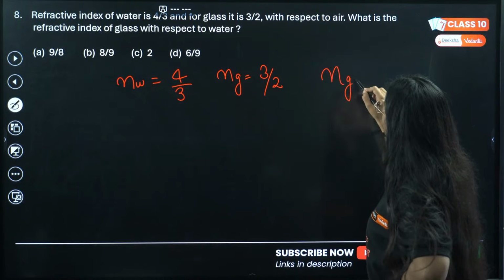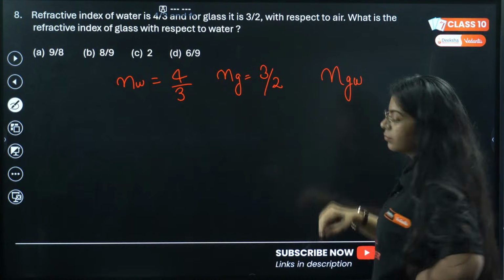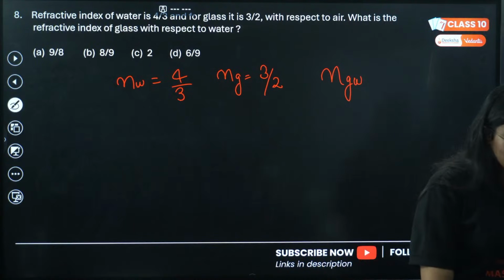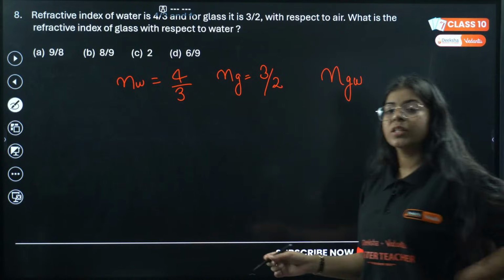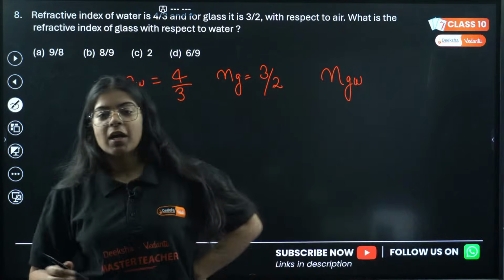So we need to find the refractive index of glass with respect to water. What will be the refractive index of glass with respect to water? Let me know in the live chat.